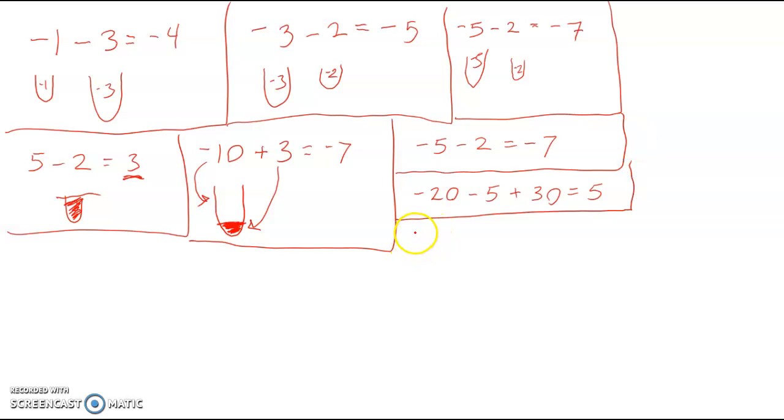All right, so let's think of another problem. Let's say we have a negative $20 that you owe someone. You owe someone 20. And let's say you owe someone also 5 again. But instead of having $30, you only have $10 that was given to you. So with that $10, you can pay back the $5 you owe to, say, Jim, and you can put $5 onto the $20 that you owe Max.